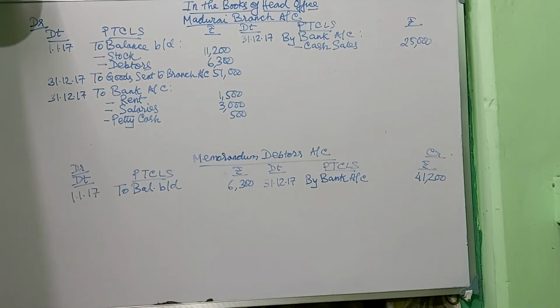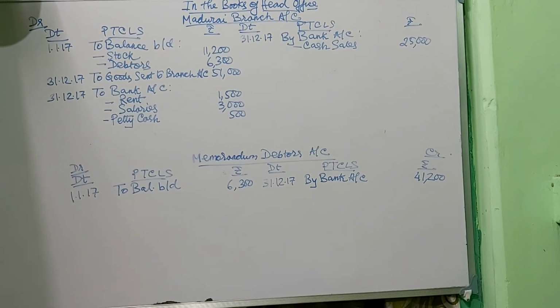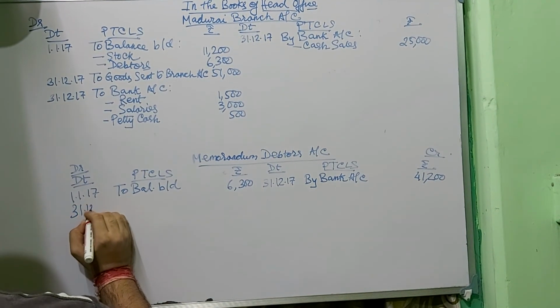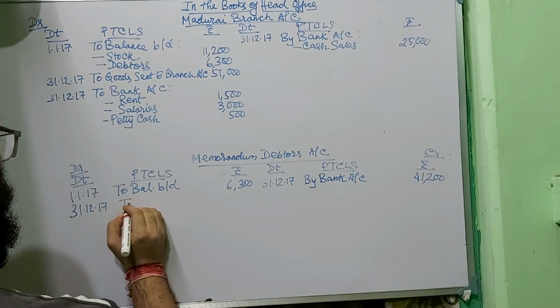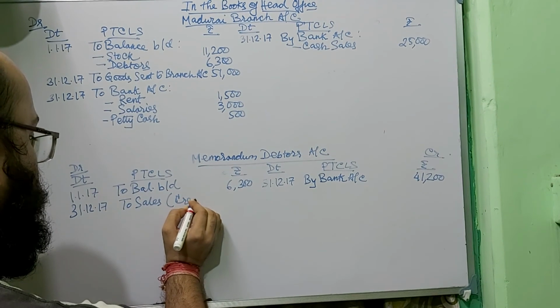Now we have made credit sales. Credit sales means obviously it will be debtors account debit to sales, or you can say the sale through credit, to sales (credit sales). So 31st December 17, to sales (credit sales).